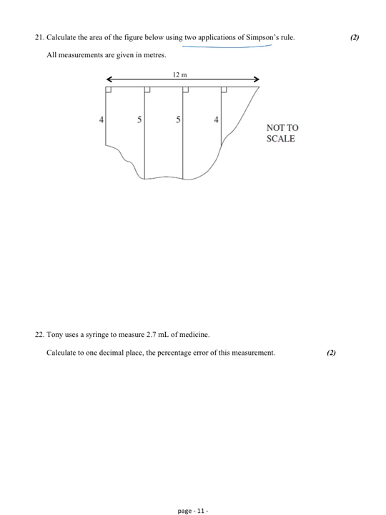Okay, 2 applications of Simpson's rule. So we know Simpson's rule is h over 3, so the distance between intervals. So we're going to cut this into 2, and the distance between each interval will be 3. So 3 over 3, the first measurement, 4, plus 4 times the second measurement, or the middle, 5, plus the last measurement.